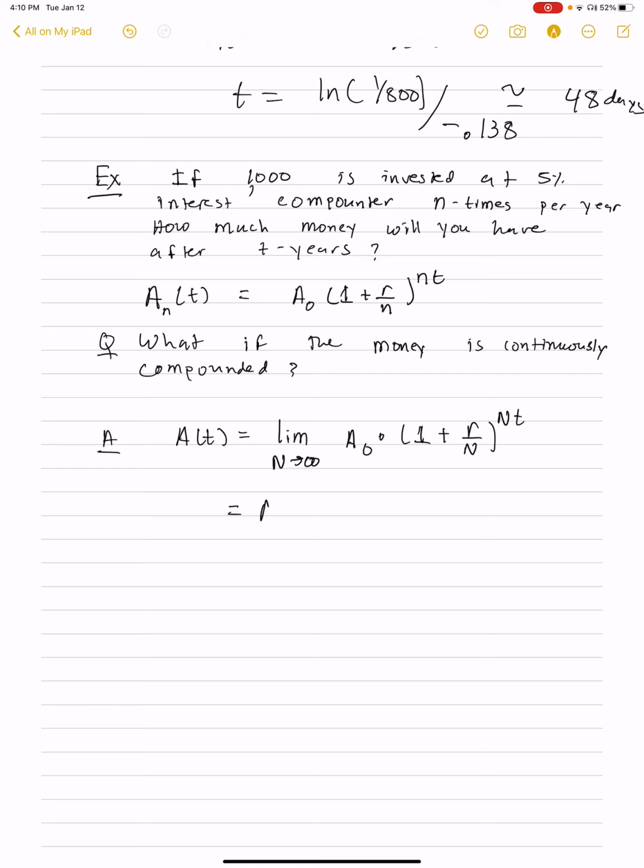So I'm going to write A0 times this limit as n goes to infinity of 1 plus r over n, but I'm going to make the exponent slightly different.